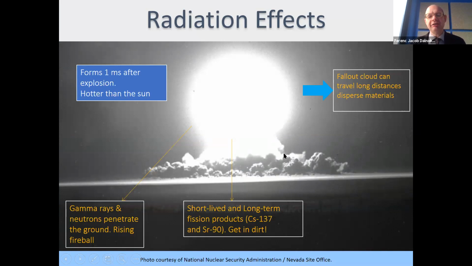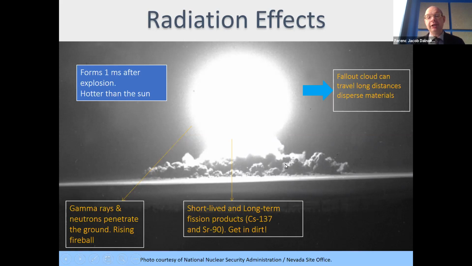But you won't necessarily die of the radiation, because the gamma rays and the neutrons can't necessarily penetrate so far to the ground. And on top of that, this fireball itself will start to rise very quickly like a hot air balloon, and so it just won't catch you. The blast wave will, but not the radiation.